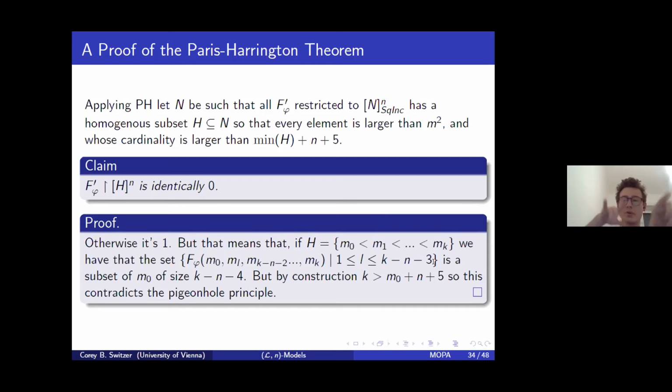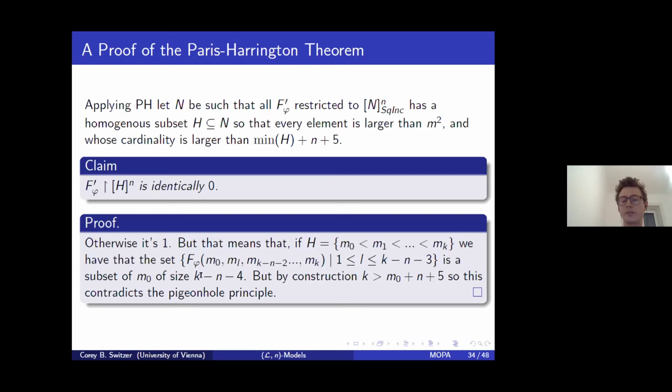So I just shift around my indices because I have a lot of room to play. That's going to be a subset of m0, right? Because each one of these f values picks out an element less than m0. And because I'm coloring everything with 1, that means that each one of these, when I change my l, I'm going to get a different element. So it's an injection from this sequence from 1 to k minus n minus 3 into m0.